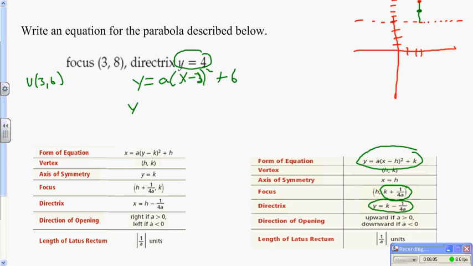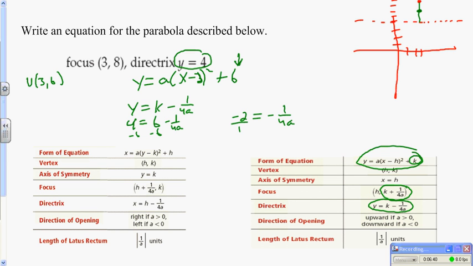Now the directrix is y equals 4. So if I do y equals k minus 1 over 4a, right? I know that y is 4. I know that k is right here, so 6. I can solve this for a. If I subtract 6 from both sides, I get negative 2 equals negative 1 over 4a.